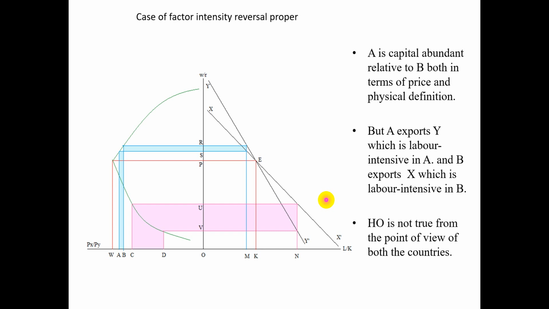So you can have no factor price equalization even in the absence of factor intensity reversal, whereas even in the presence of factor intensity reversal, the factor price equalization theorem may also hold. So that is how we can show the factor price equalization theorem in its relative sense.